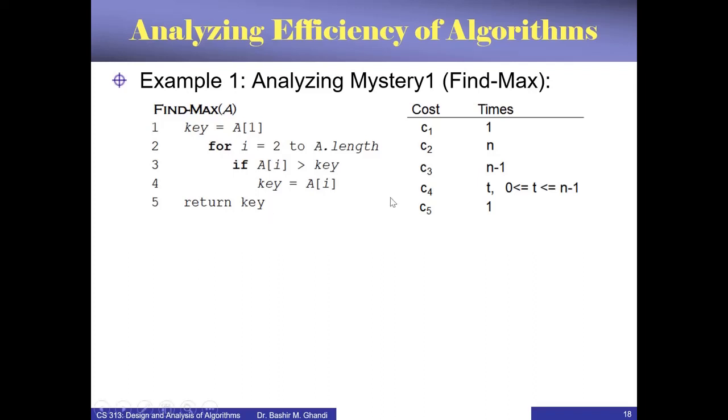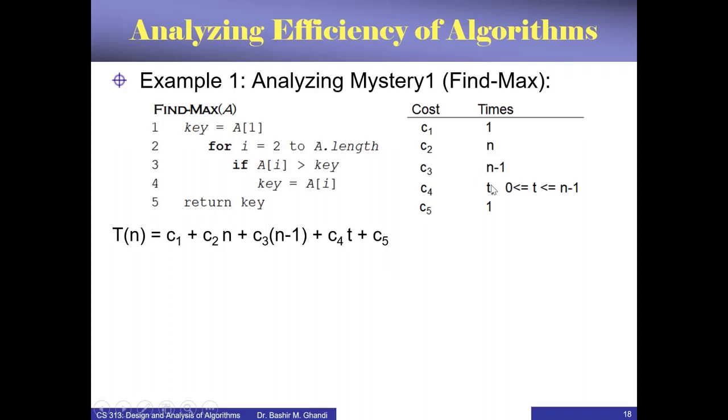So now that we have found the cost of each statement in this algorithm, we now define our running time function as a function of n. So we say T(n), the running time function is normally represented as capital T. And by the way, the n here is, if you like, a reserved word.